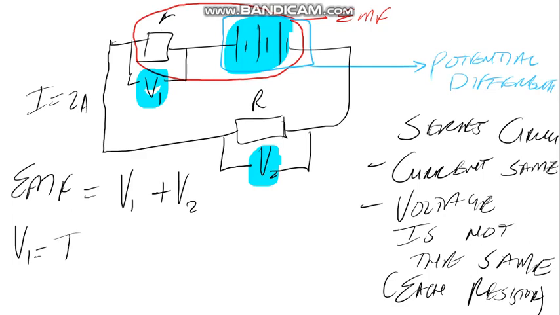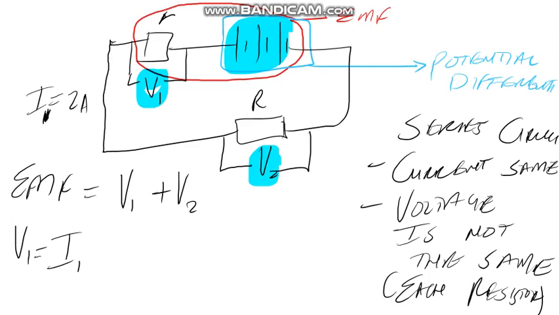Because I said the current is the same, let me name this current I1. Because it's a series circuit, the current is the same, so I1 is the current that flows through the internal resistance.